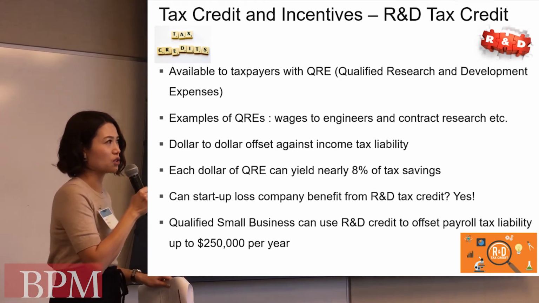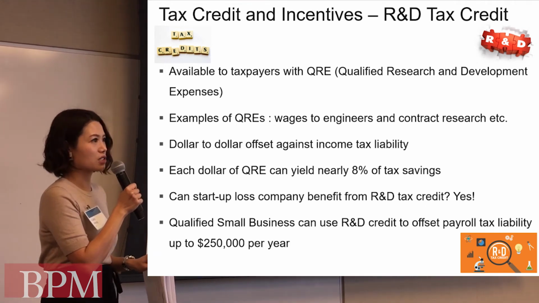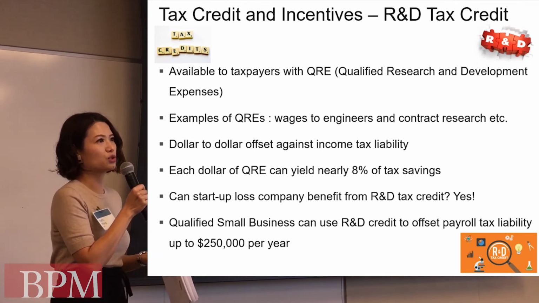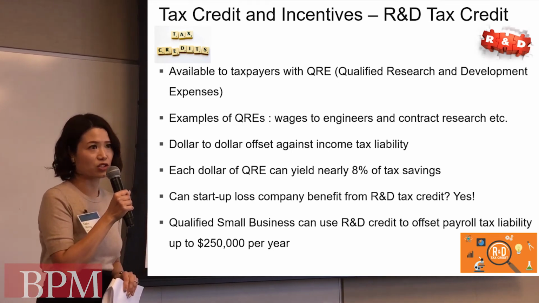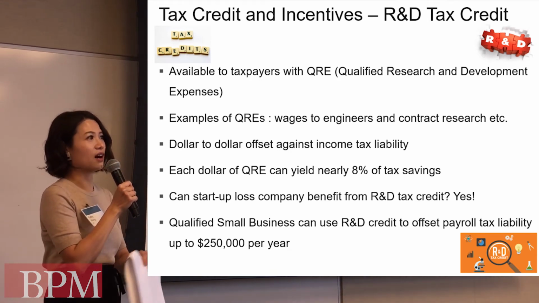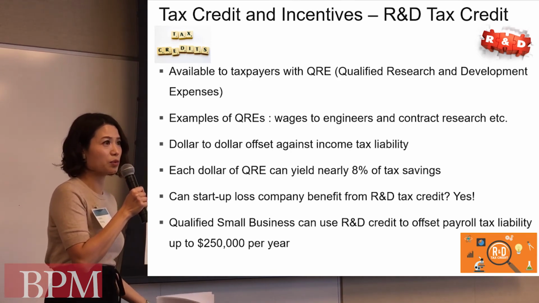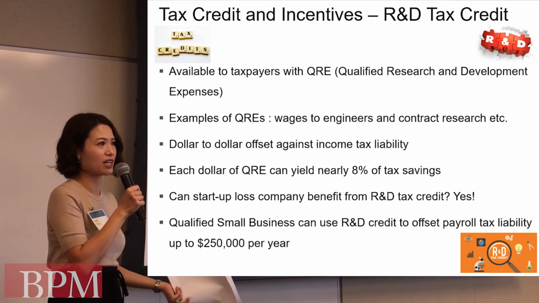A few years ago, they changed the law so that the R&D tax credit can be used to offset payroll tax liability even for a loss company. So even if you are operating at a loss and don't have income tax liability, is the R&D credit still valuable? Yes, because you can use that to offset your payroll tax liability.